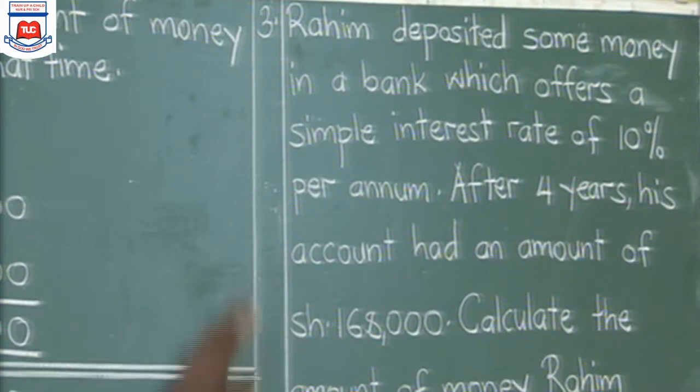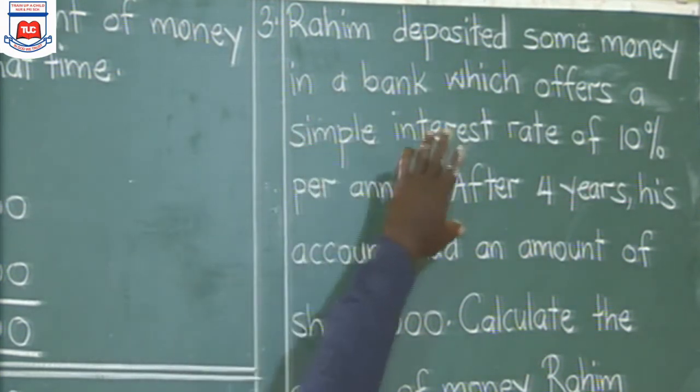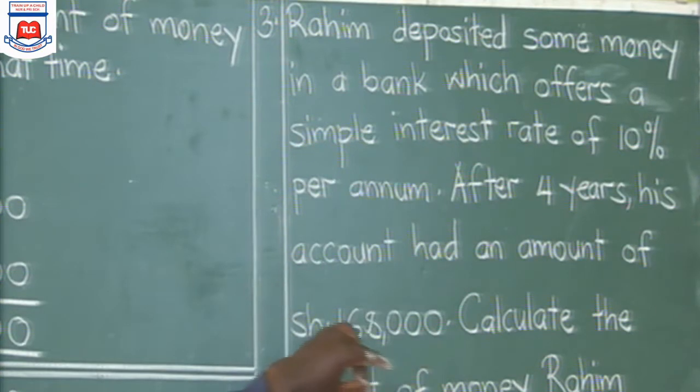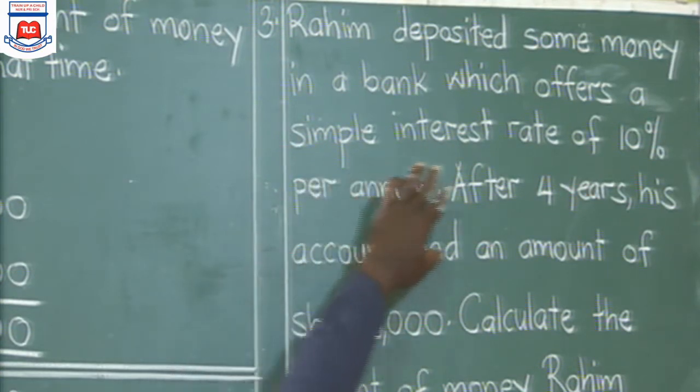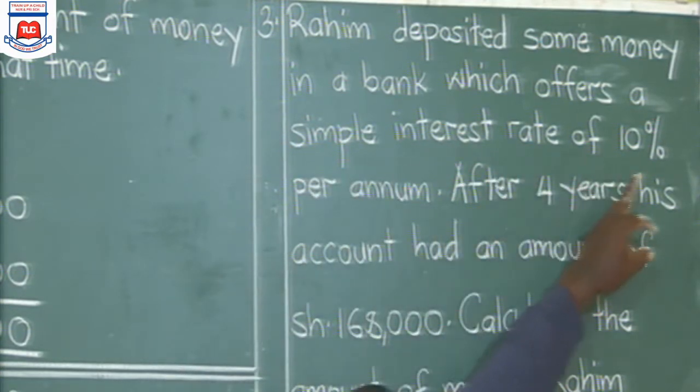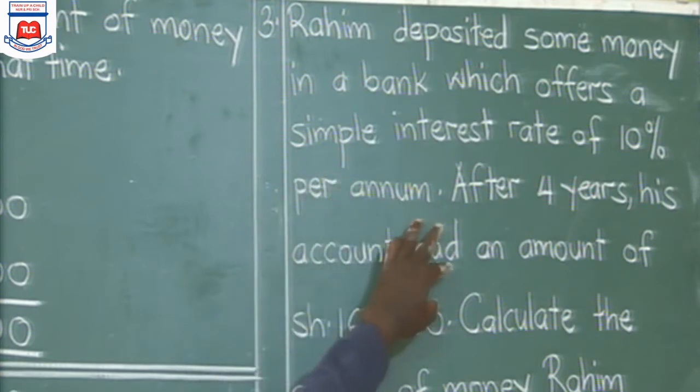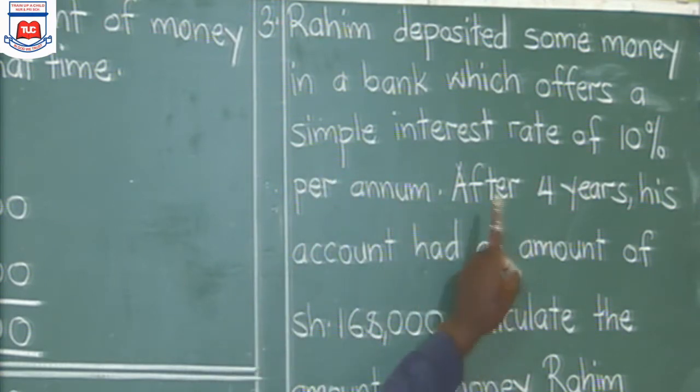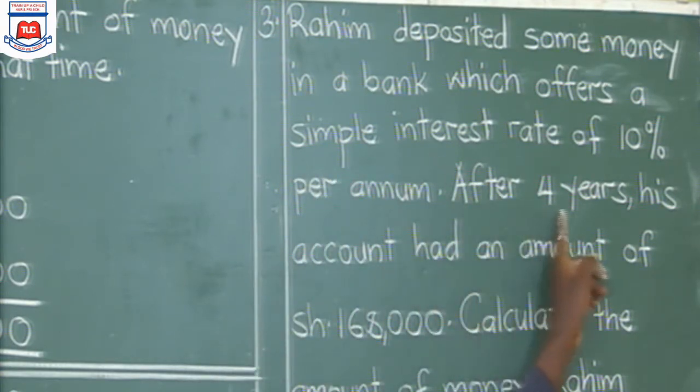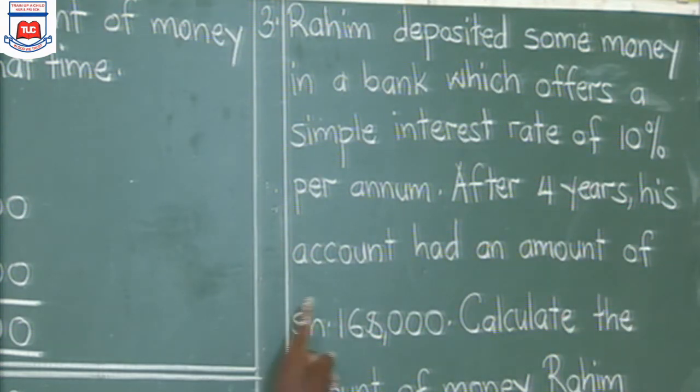Then the question reads, Rahim deposited some money in a bank which offers a simple interest rate of 10% per annum. After 4 years, his account had an amount of 168,000 shillings. Then the question reads, calculate the amount of money Rahim deposited in the bank.